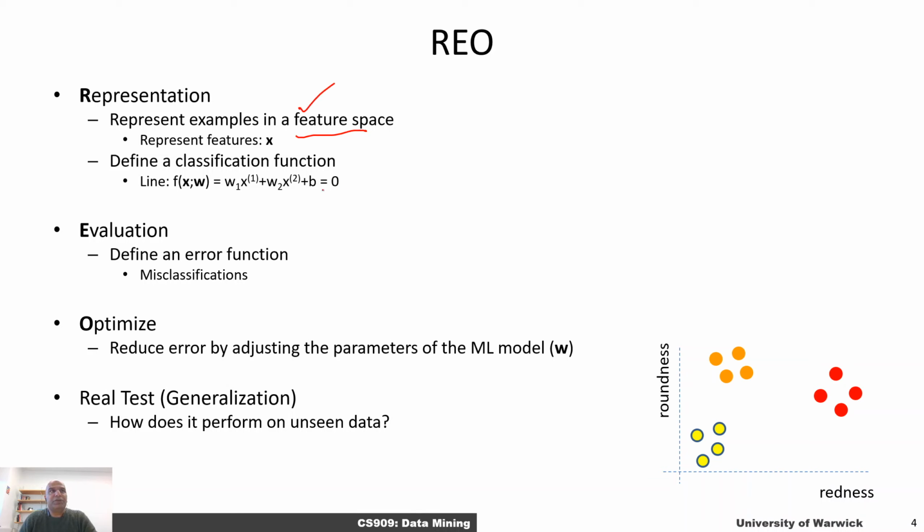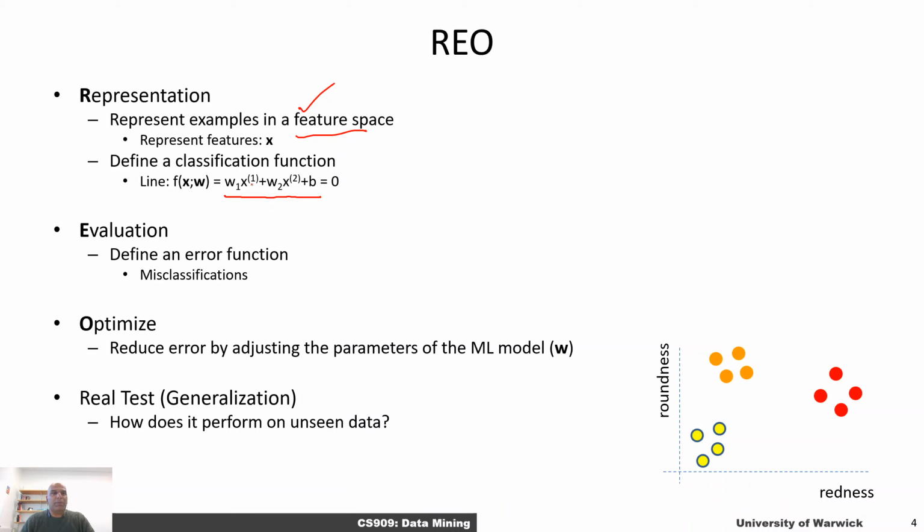And then what we need to do is to define a classification function. Let's say if we use a simple line, if there are only two features, then we can use a simple line which is given by this equation. Anything above the line, we are going to say that it belongs to one class, whereas anything that is below that particular line, we are going to say that it belongs to the other class.